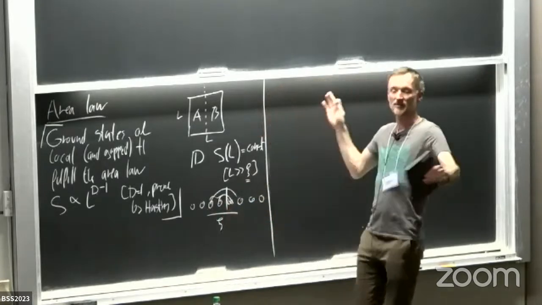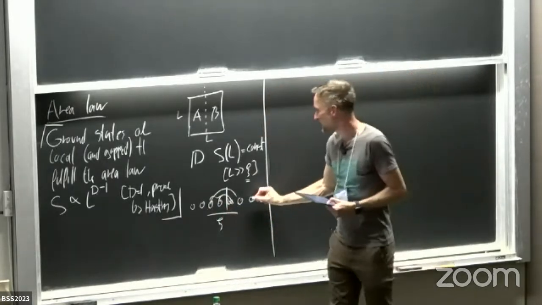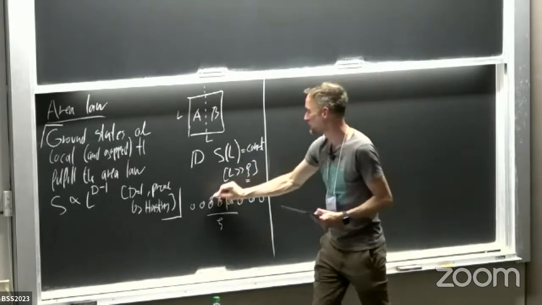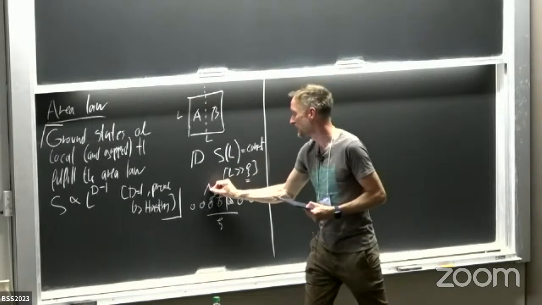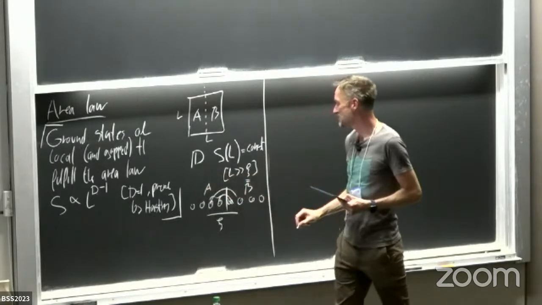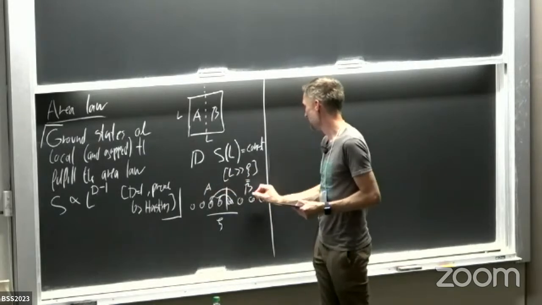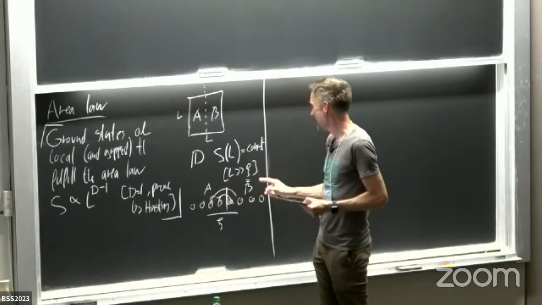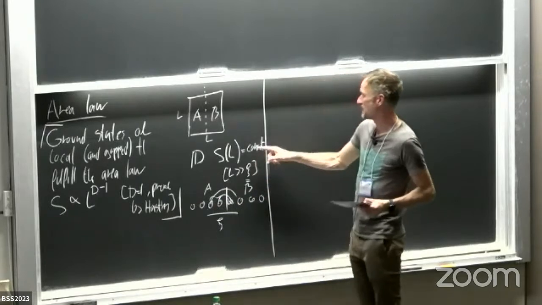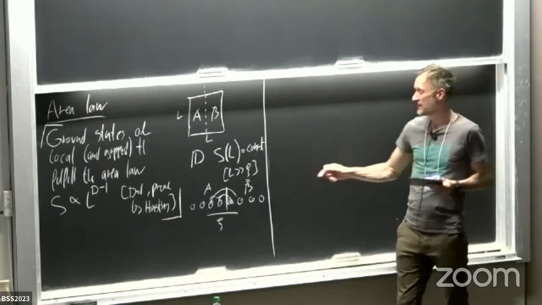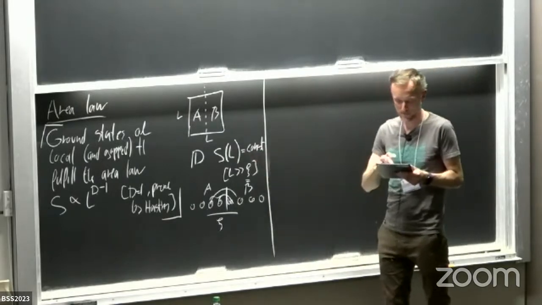And if we make our system larger, the new sites that we add will not contribute to the entanglement between the two parts A and B, but instead will live only in A or only in B. Thus we find that the entanglement entropy between the left part and the right part is independent of the system size L.